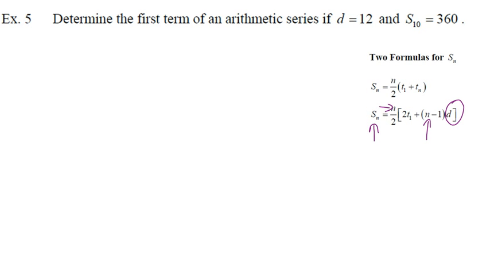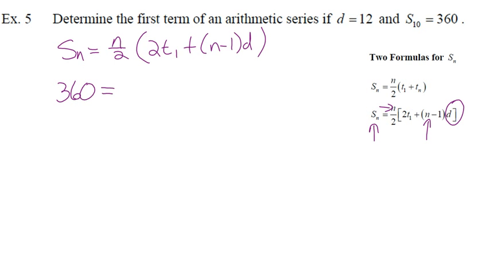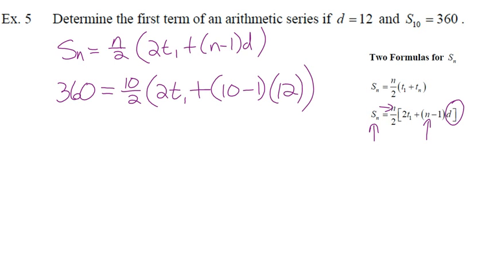So S sub n, let's write it out. 360 is equal to n, which is 10, over 2 times (2T1 plus (n minus 1) times d), because we don't know T1, but we know n is 10 and d is 12. All we've done is substitute in.